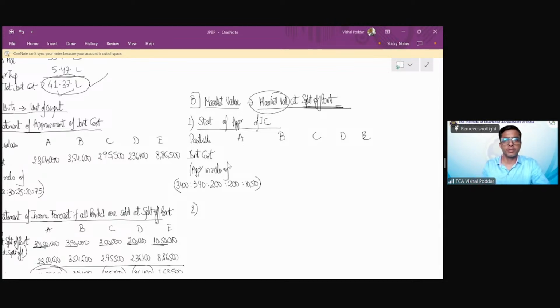So my first answer that I'm having is 26,84,313. See, 1 or 2 rupees here and there is fine. The second is 307,906.